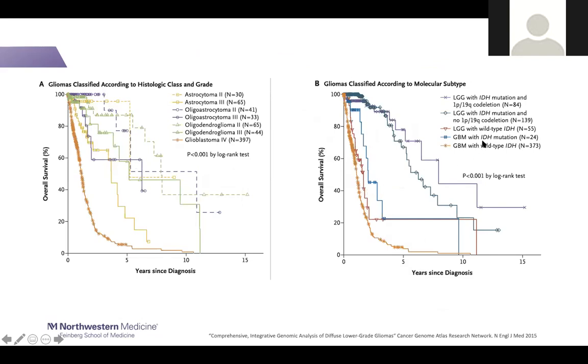So this is what the addition of these molecular features, testing, helps us do: prognosticate, predict, excuse me, in a more accurate fashion. Again, this is not 100%. There's much more going on than just this, but these are things that we're actively working towards and trying to get better at.